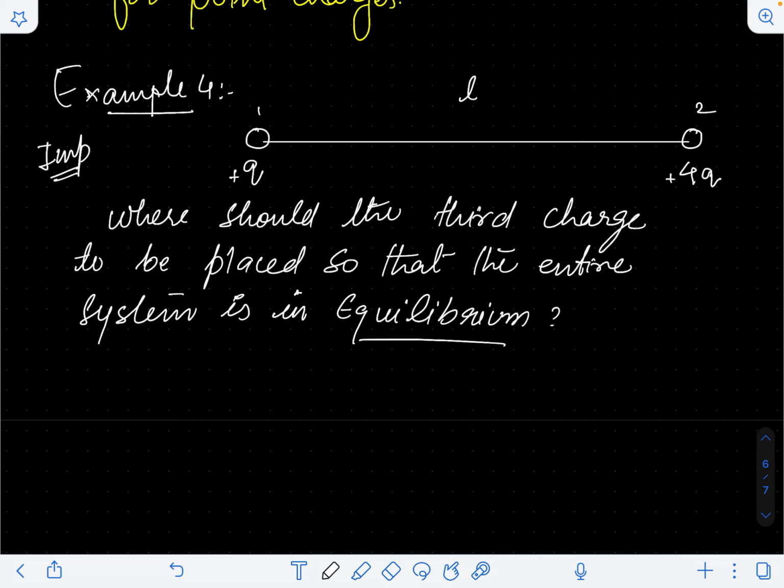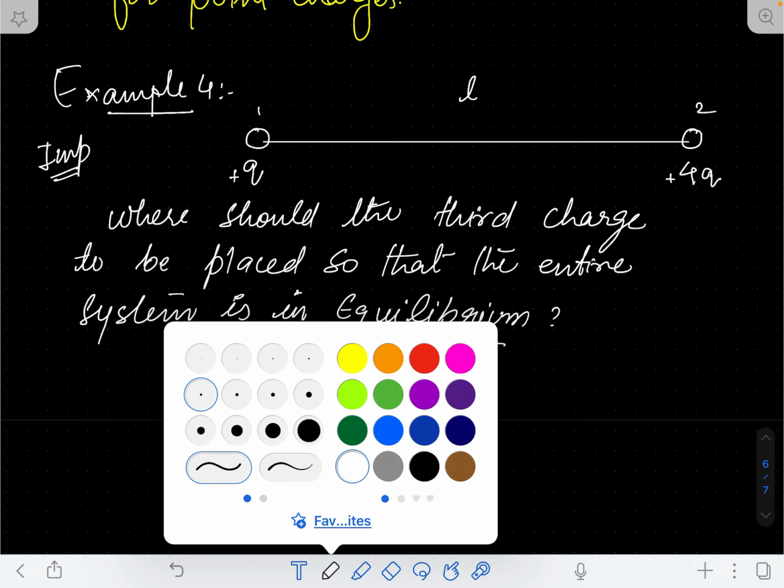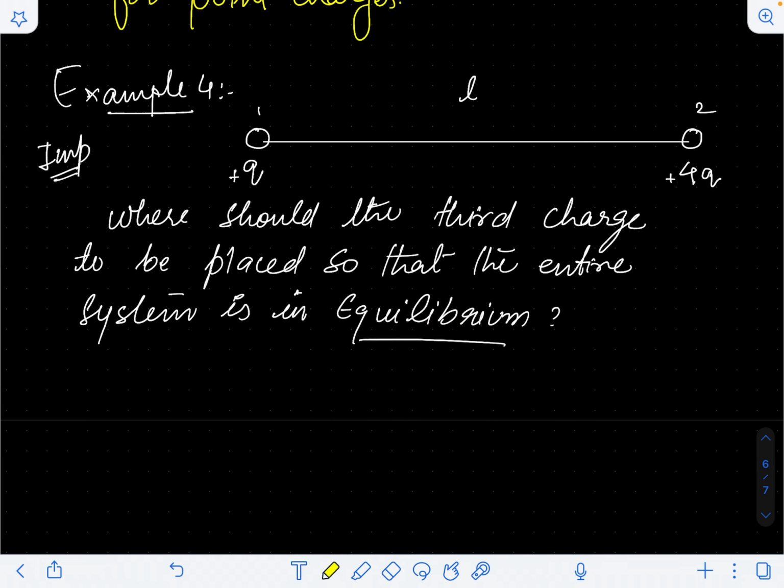How is this possible? As there are only two positive charges, there must be repulsion between them. Okay, as they have the same nature, there is a repulsive force acting between these two charges. So in this diagram we cannot say that the system is in equilibrium. So what do we need to do so that the system will be in equilibrium? To make this system in equilibrium, we will consider a third charge and place it near the charge having smaller magnitude.